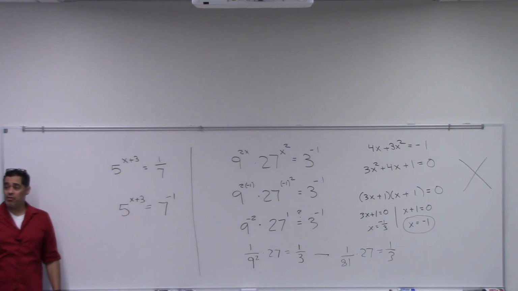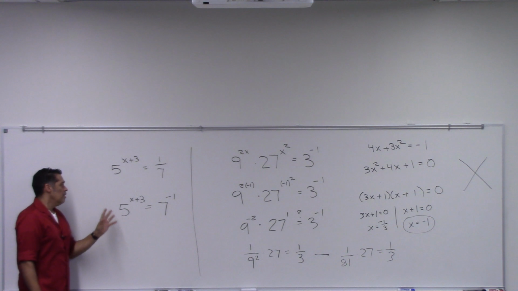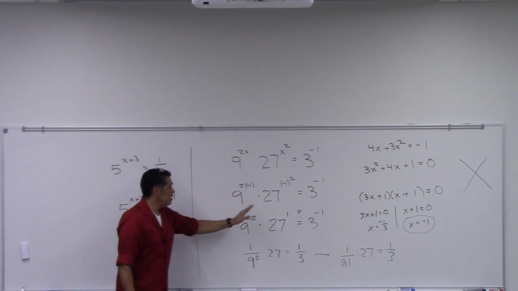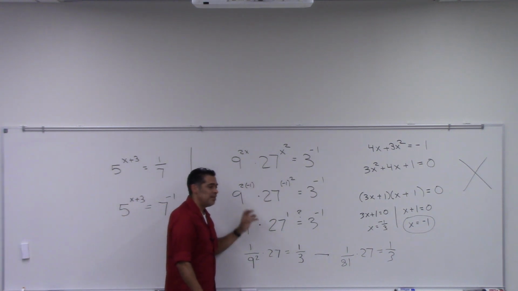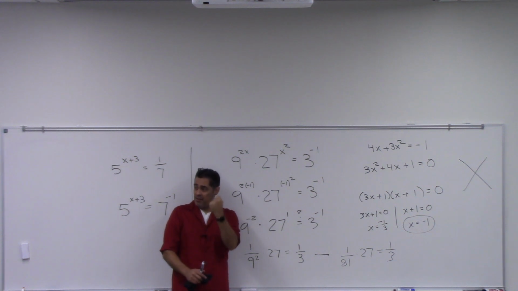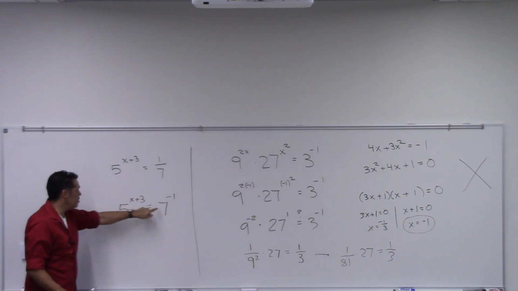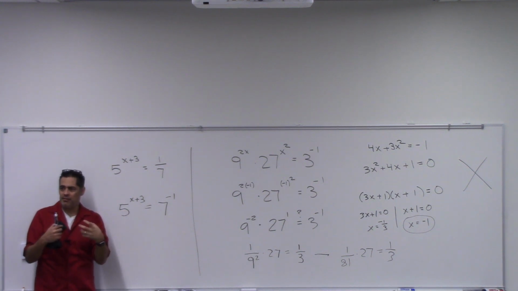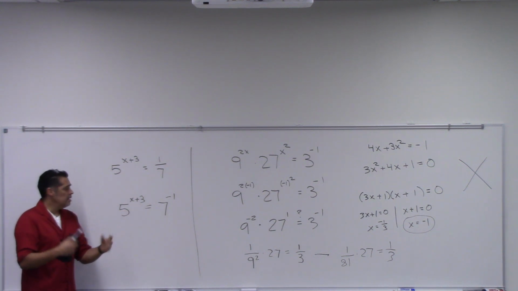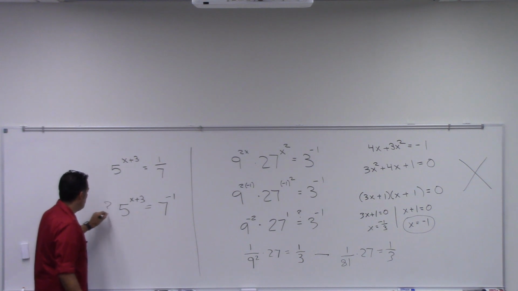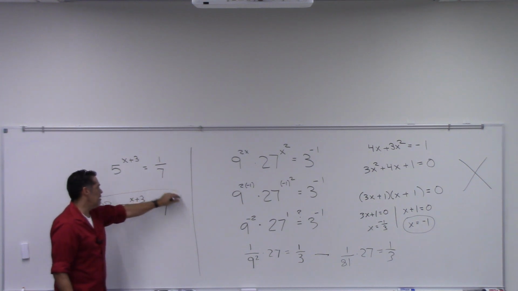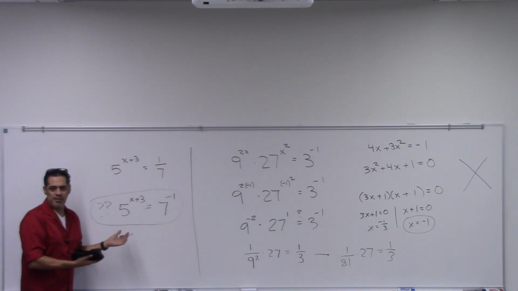But now you're going to have a major problem, because what we've been doing to make these things work is rewriting all these problems so that they have the same base, right? Here, there's no way you're going to rewrite 5 or 7 to have the same base. No way, all right? So the question becomes, how do we solve this? Because our math, we should be able to solve this still, right?